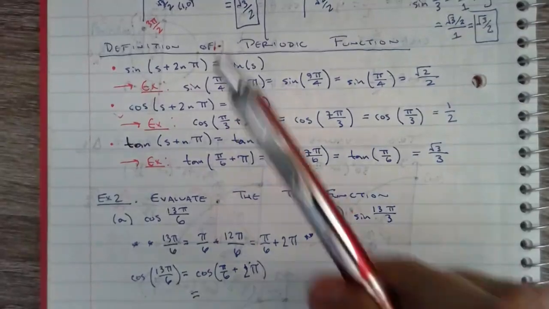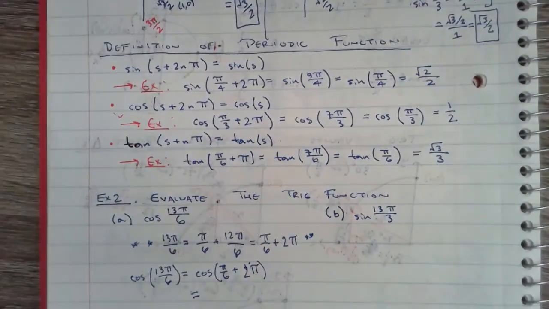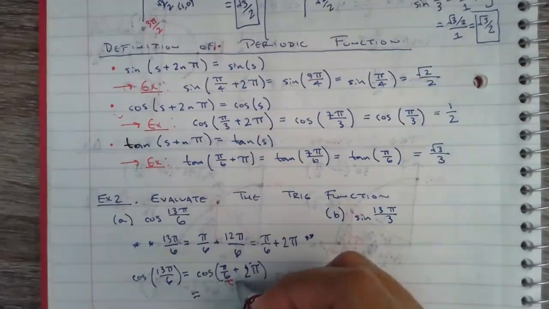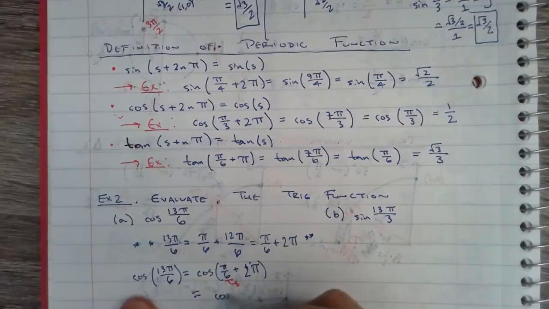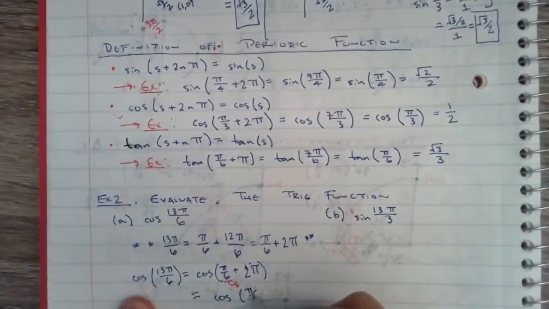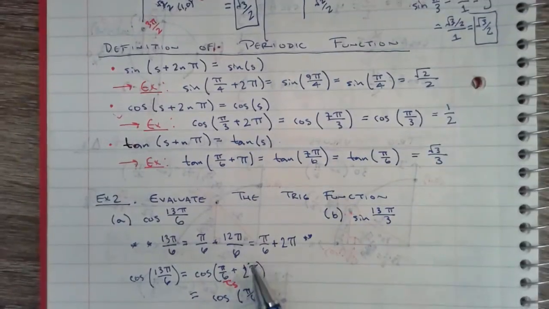Let's take a look at our periods. Remember, cosine of s plus 2n pi equals cosine of s. So this right here, you guys, is your s. Therefore, this is the same thing as cosine of pi over 6. Where'd you get the pi over 6, Mr. Rubio? Since you're adding 2 pi, or multiples of 2 pi, it's just that angle right there. So it's cosine of pi over 6.